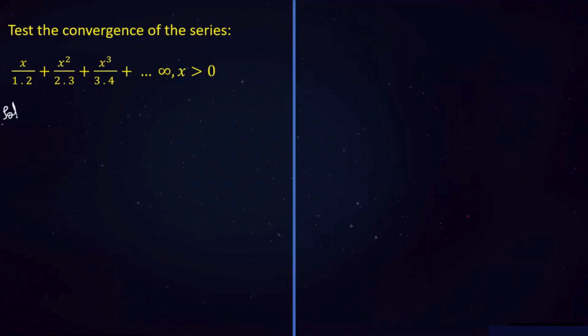So what happens to the series, you see? As usual, let summation un be the given series. Okay, if this is the given series, you now need to find the nth term of this series. To identify the nth term, look at all the powers, all the numerators.